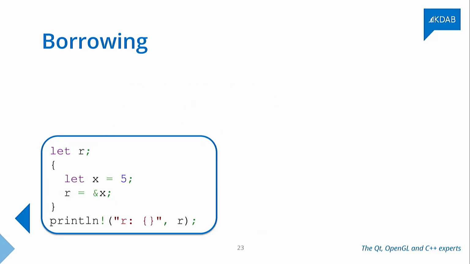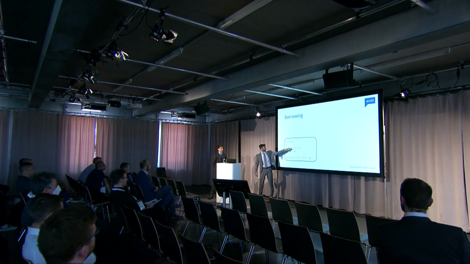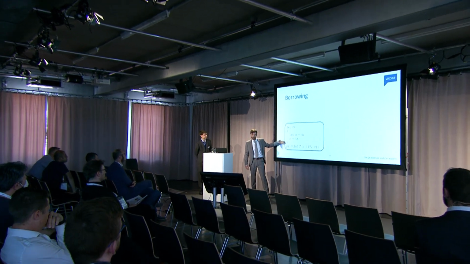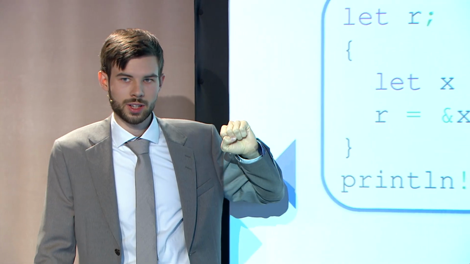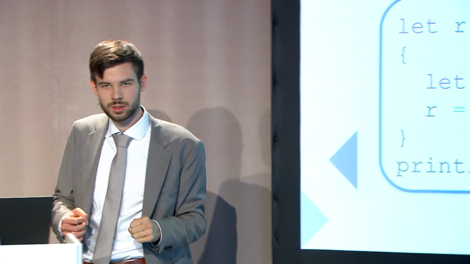And then the same thing goes for, okay, if everyone needs to own something, then we also need to be able to borrow it. This is kind of what we're doing here with the reference. We're creating a reference to a value, but unfortunately that value is only inside that scope. So X owns it, and we're borrowing it so that we can also use it. But then we go out of scope, and we still try to print that reference.